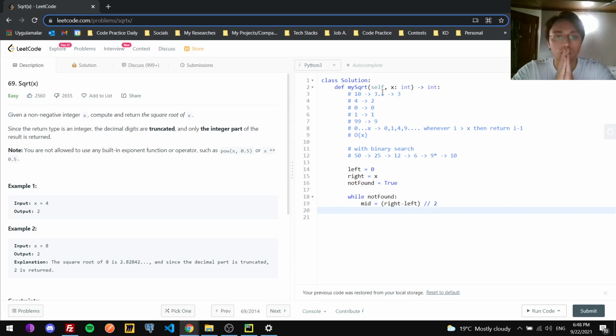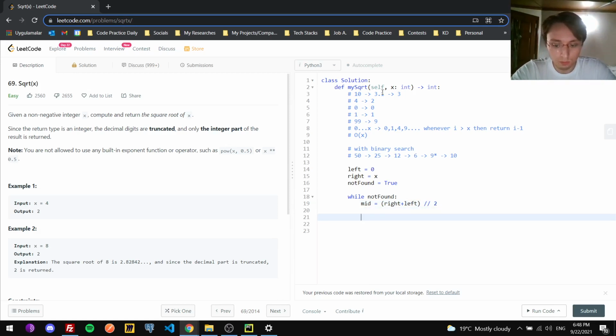It's actually not right minus left, we just sum it. Right, we sum and divide by 2. When it is 25, 50, sum divided by 2, right? Yeah, I think so.